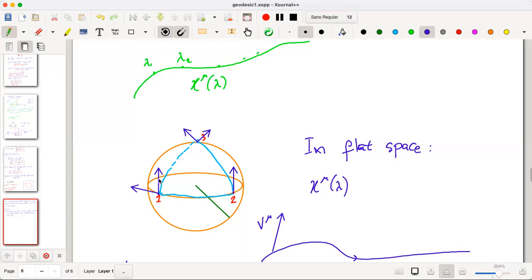If I'm bringing this vector along this equator, when it goes back to this point, the vector stays parallel, because that's the definition of parallel transport, the definition of the autoparallel curve. So this shows that in curved space we can have a closed loop where the parallel transport is successful.